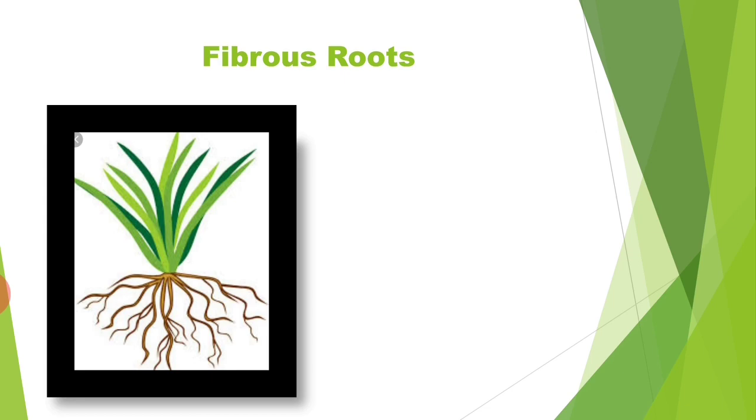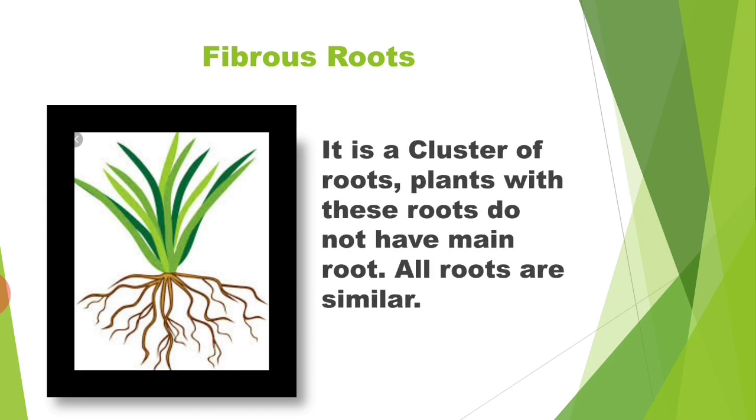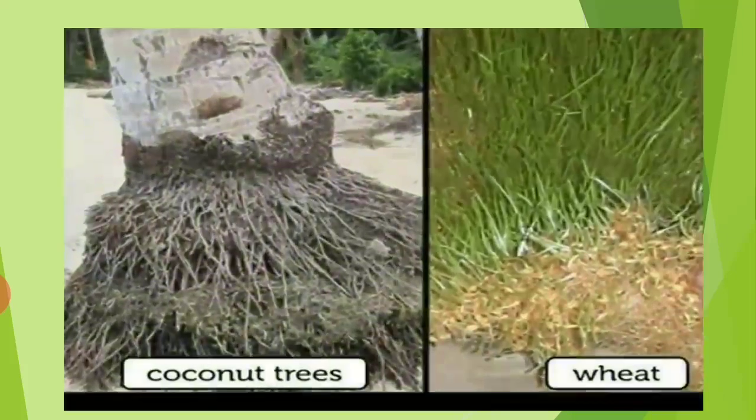As you can see from the figure, there is no main root in it. It has a bunch of small roots coming out. So it is a cluster of roots. Plants with these roots do not have a main root like in the taproot. All the roots are similar. So they are fibrous root. Examples of fibrous root are wheat, grass, coconut tree. They all have fibrous root.